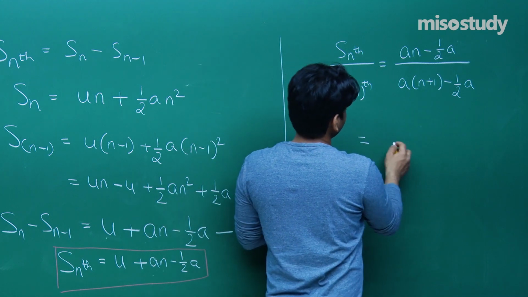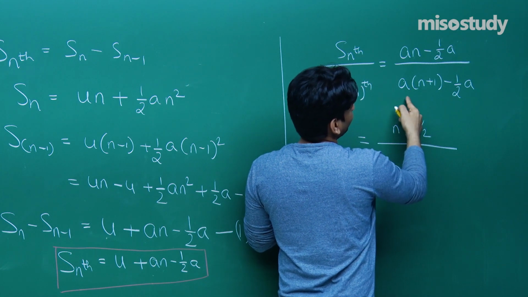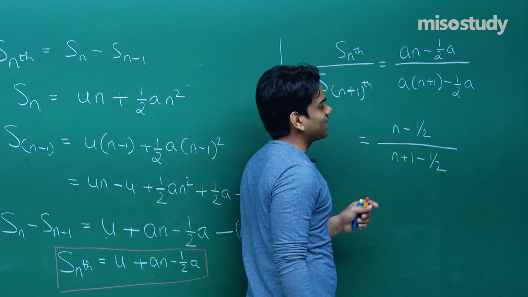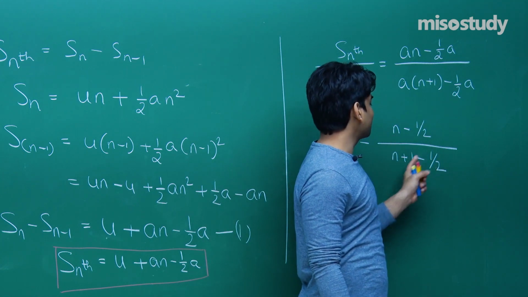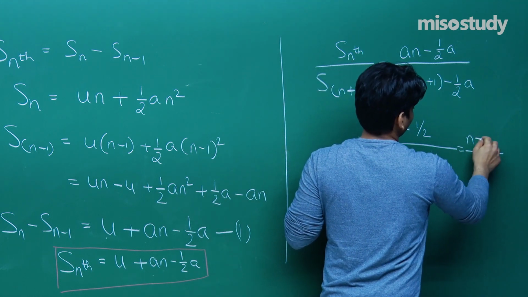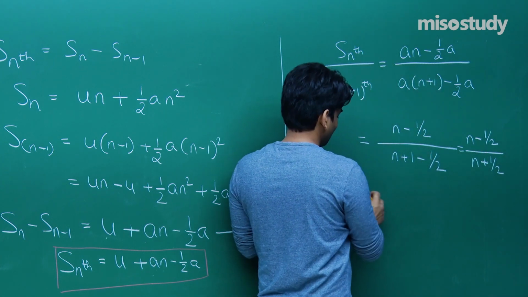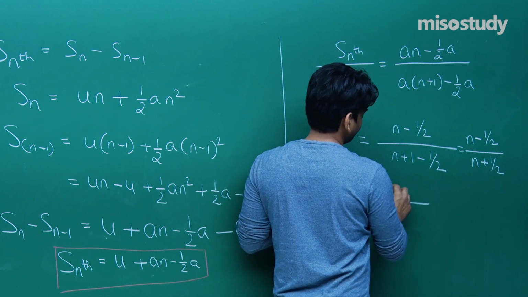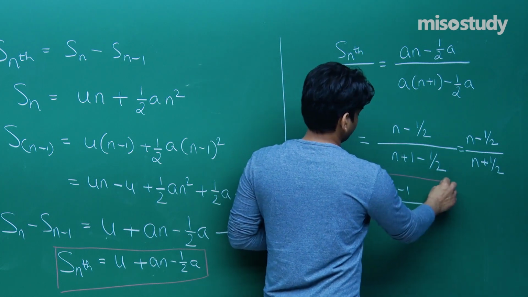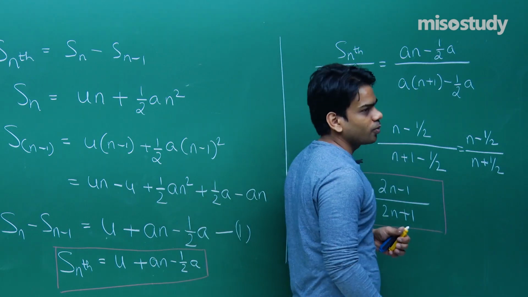You will be left with n minus half divided by n plus 1 minus half, which is n minus half upon n plus half. Take 2 as the LCM, you will be left with 2n minus 1 upon 2n plus 1. This is the required ratio, 2n minus 1 upon 2n plus 1.